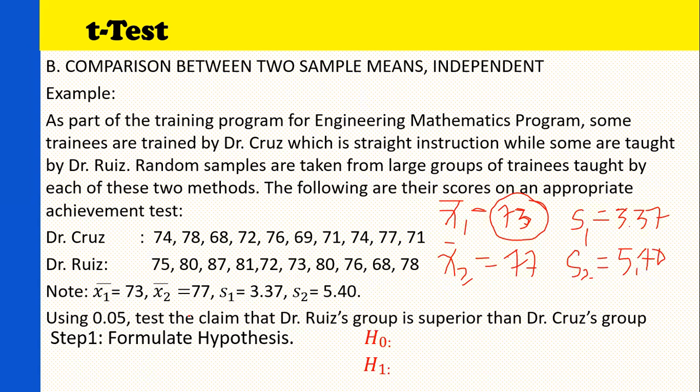We have the null hypothesis. We can also represent that the average of the group of the first sample is the same as the mean of the second group.